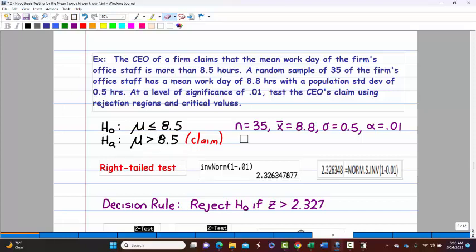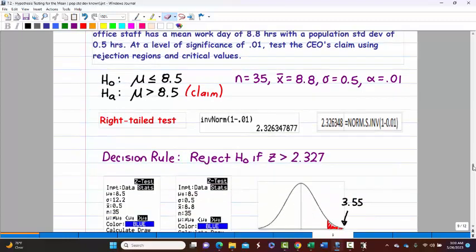So I just wrote the sample statistics right there. To get the critical value, there's the inverse norm result, but remember, you can just put this in the spreadsheet for a 0.01 right-tailed test.